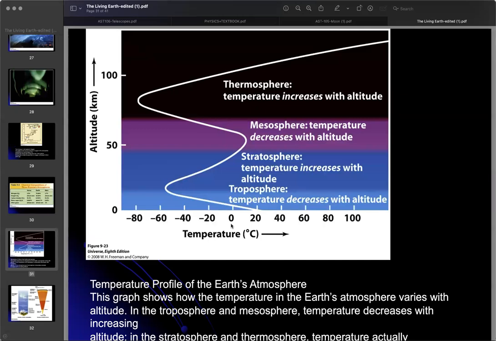And so again, the effect of being close to the source of heat is what causes the temperature to start rising in the stratosphere as it gets closer to the ozone layer. So the temperature increases with altitude in the stratosphere, decreases in the mesosphere and thermosphere, and then finally it increases again.